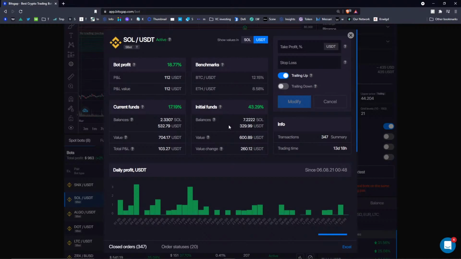And it turned out that according to this trading setup, if I would stick with the amount of 7.2 Solana in my portfolio instead of launching the bot, then I would make more money than what I made with the current strategy. That's exactly what you can see here, the value change of your hodl strategy compared with the bot strategy.